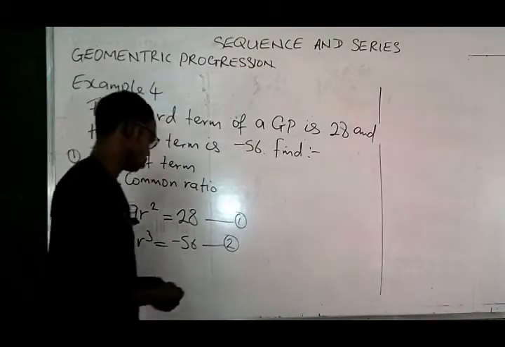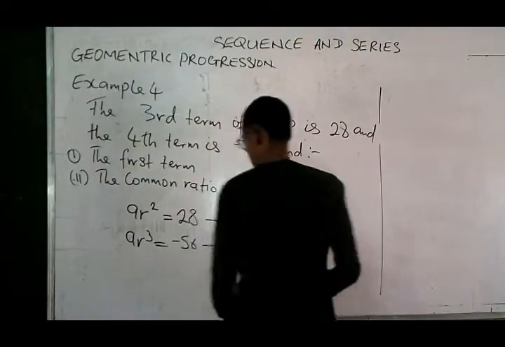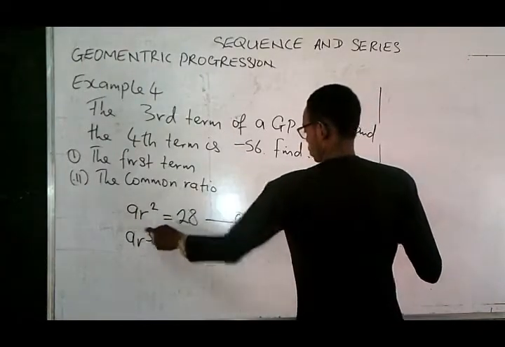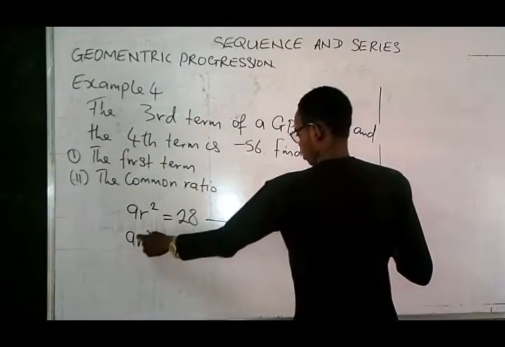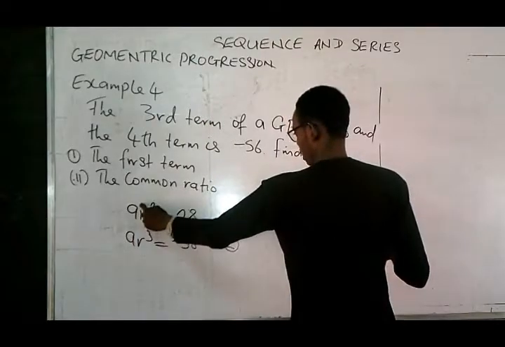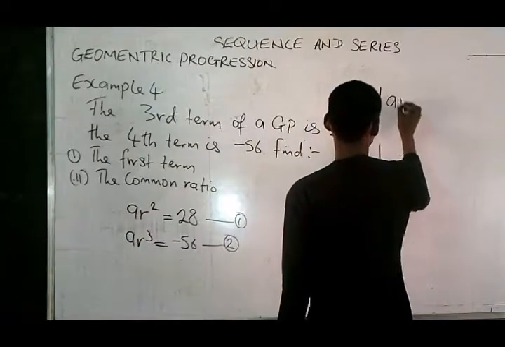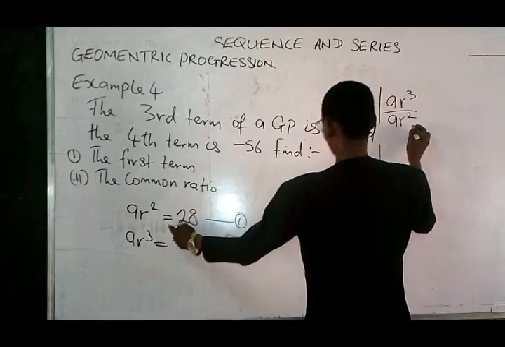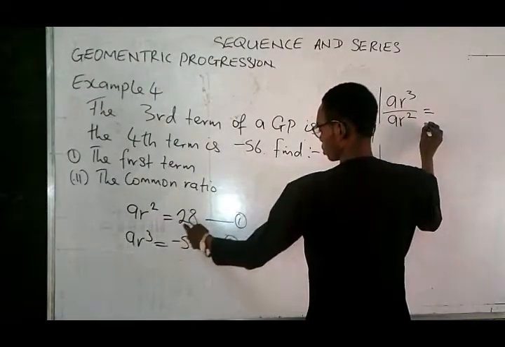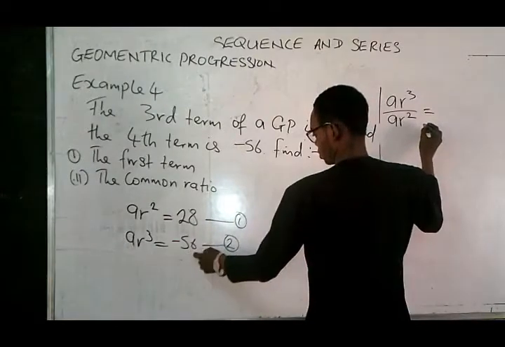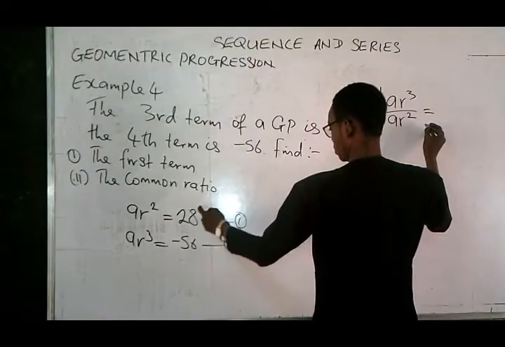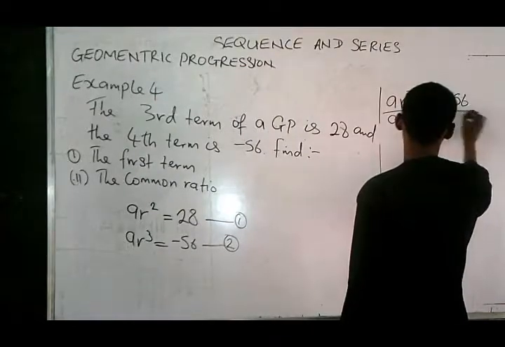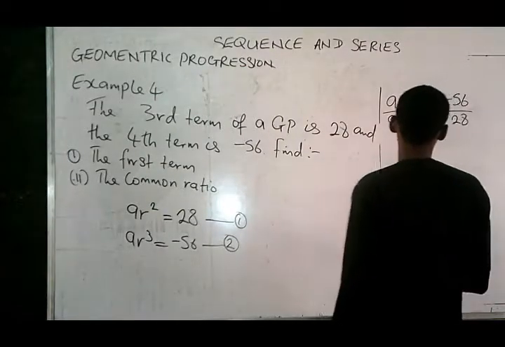How do we do that? This is how it is. We say equation 2 divided by equation 1. So a r cubed divided by a r squared is equal to minus 56 divided by 28.